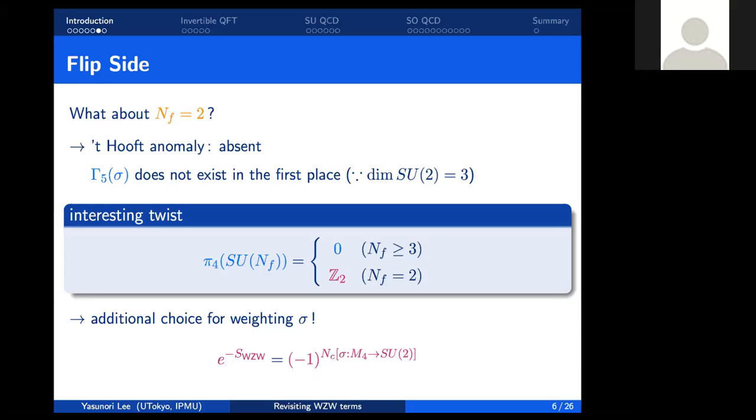If you flow to the IR, you don't flow to the galactic scale, but to the particle physics scale, which does not really see the space-time topology. So in what sense is there a more local way to think about how to extend the WZW term, rather than having to talk about the global topology of the whole space-time, maybe even after proper compactification? I think you know what I'm trying to ask, right?